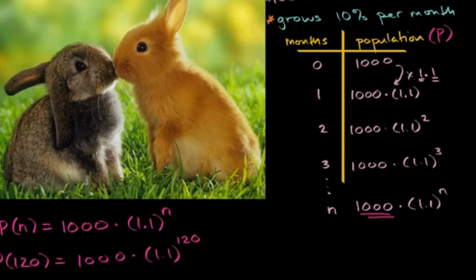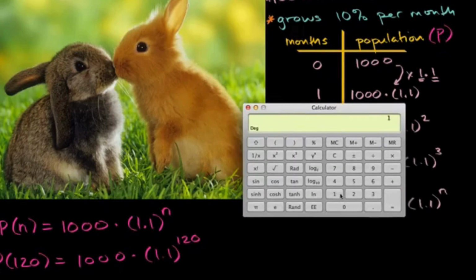I cannot calculate 1.1 to the 120th power in my head. 1.1 to the 120th power is equal to that times our initial population. So times 1,000, is going to be equal to roughly 93 million rabbits.